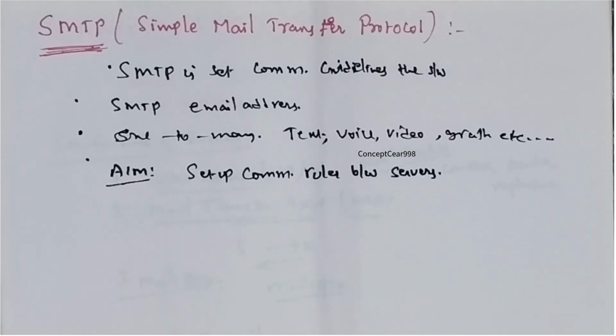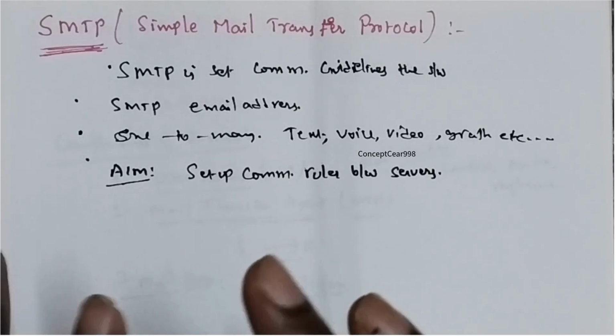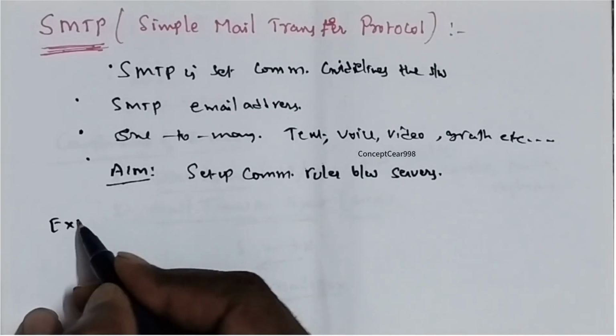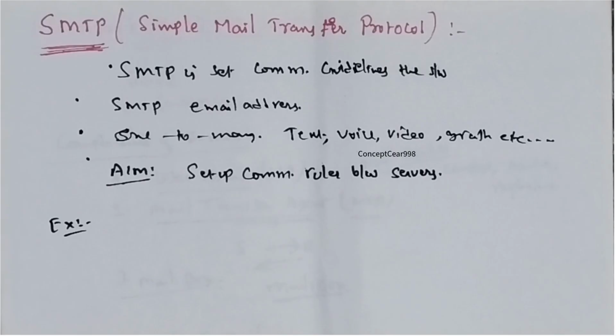For example, if the recipient address is wrong, then what will happen? The receiving server replies with an error message. Suppose when you are sending an email, the receiver's address is wrong, then the server will send one message back to the client saying there is no such email, that is nothing but an error.